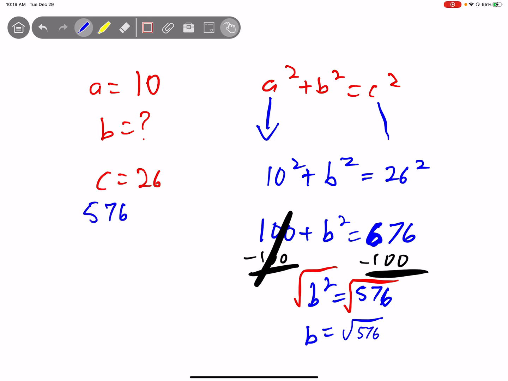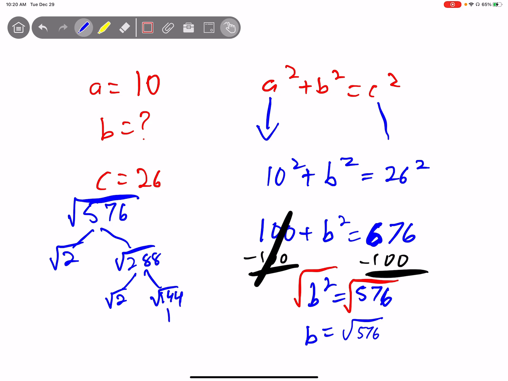Let's say we don't know what the square root of 576 is. We can break this down. I can divide it by 2. That gives me root 288. 2 is prime. 288 divides into root 2, root 144.